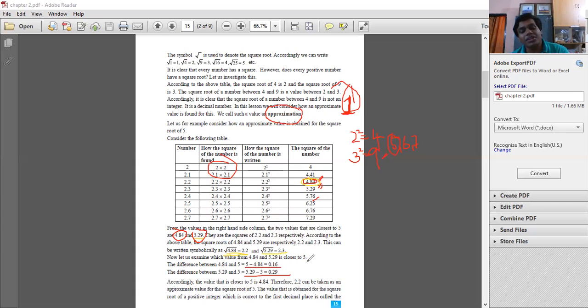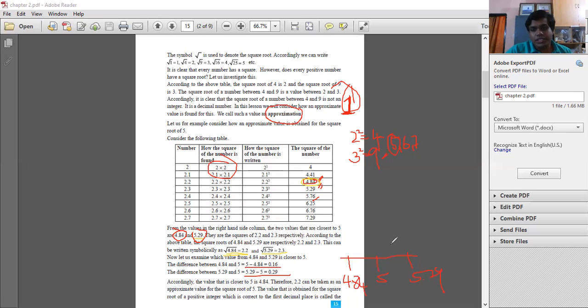Anyways, the total number is 5. 5 minus 4.84, the bigger number is 5. When you draw the number line, 5 will fall here, 4.84 will fall here, 5.29 will fall here.